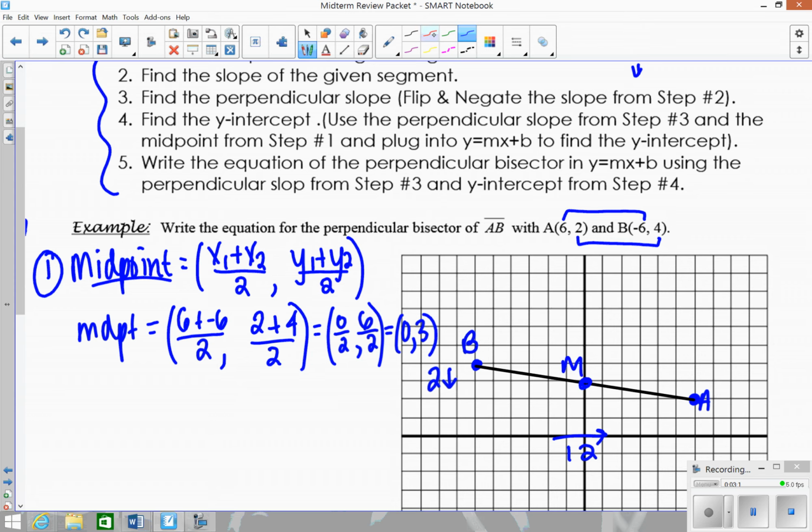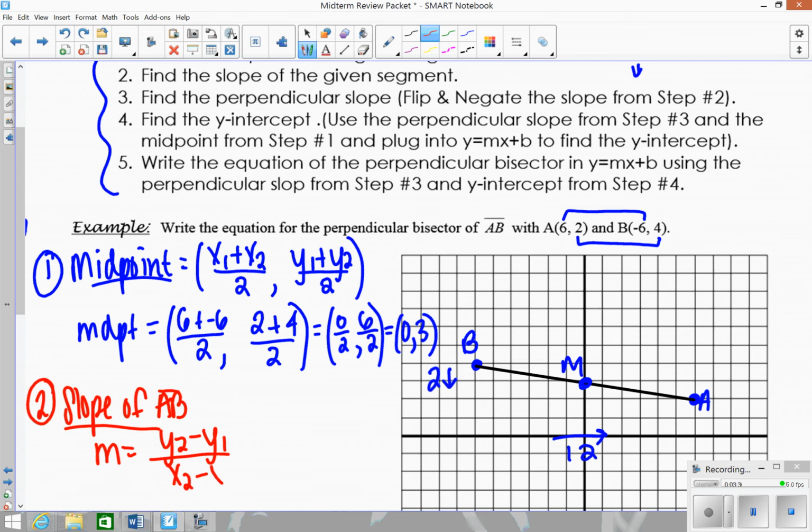The next step, going back over to the algebraic process, is to find the slope of the segment. So we're going to find the slope of AB. Remember the slope formula, y2 minus y1 over x2 minus x1.